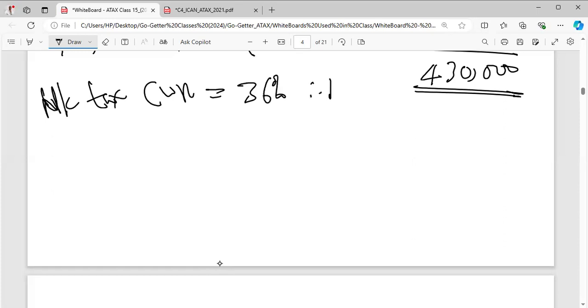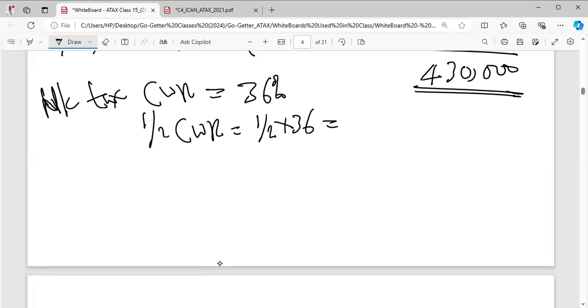Therefore, half CWR will be half of 36, which is 18%, right?